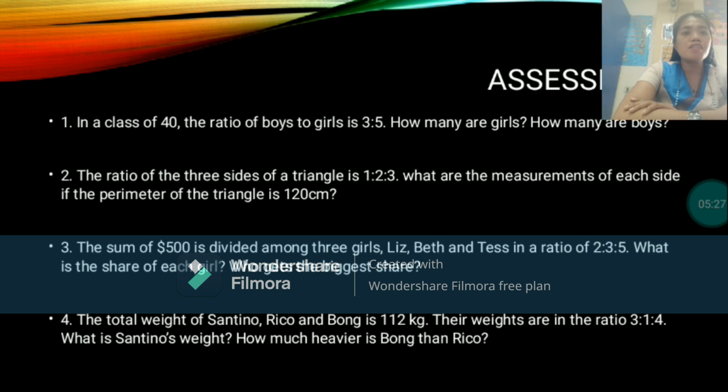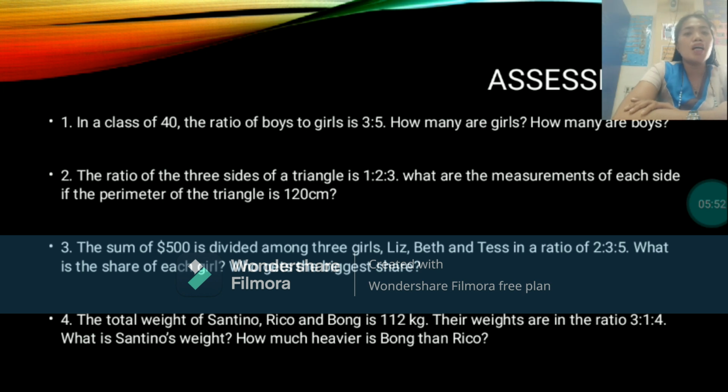What are the measurements of each side if the perimeter of the triangle is 120 centimeters? Number 3. The sum of $500 is divided among 3 girls, Liz, Beth, and Tess, in a ratio of 2 is to 3 is to 5. What is the share of each girl? Who gets the biggest share?